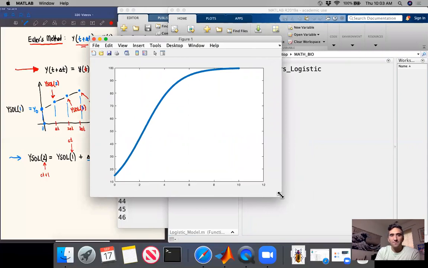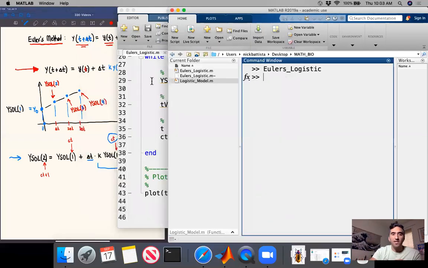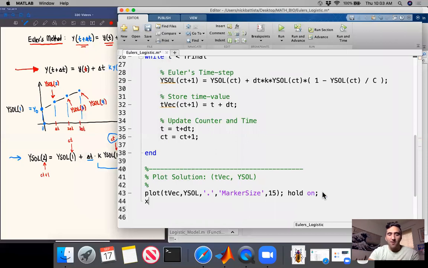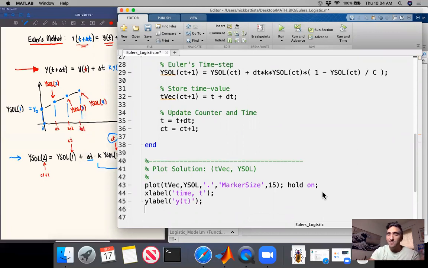And of course, we could add axes labels. We can add a few other bells and whistles to make this plot a little more interpretable. And I'm just going to go ahead and do that for good measure. So we can add our X label, that's just time. We could add our Y label, that is our solution, y of t. And the other thing we can do is change the font size to make them larger.